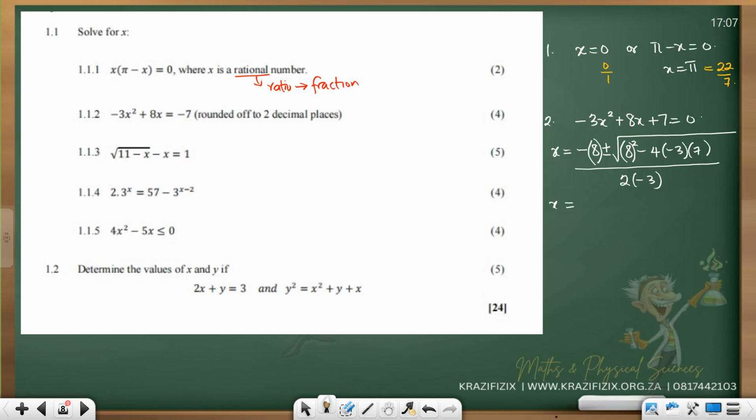I need us to do this set of tests again. It would really, really help. Let's do it again. All right, Mbali has negative 0.69 and 3.36.